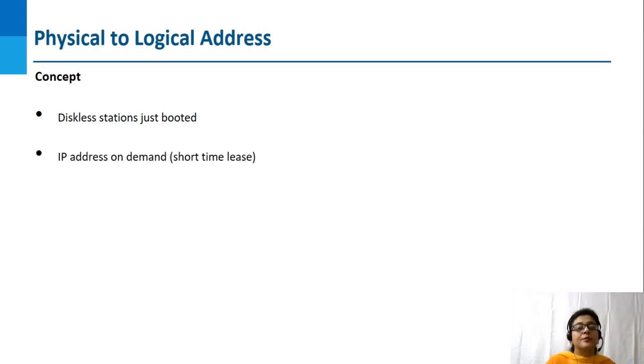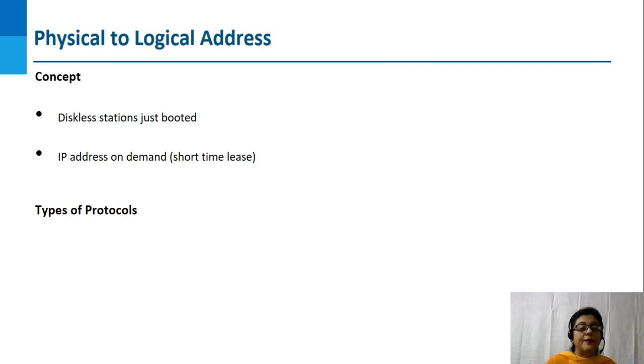And there are sometimes many organizations which have huge demand of logical addresses, but they are not given so much address space. So they basically use an address on demand technique. That is, the addresses are given to these organizations on a short time lease basis.